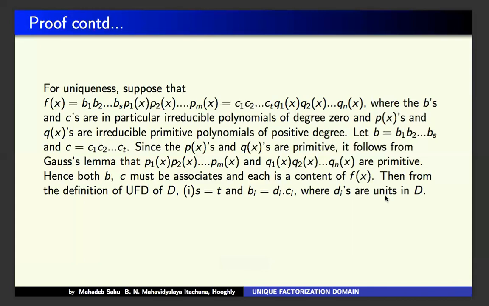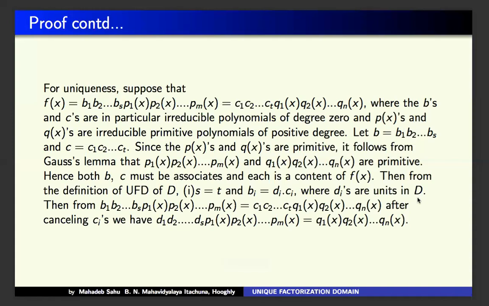This means s must be t and Bi equals Di times Ci, where Di is a unit in D. Then from the relation B1 up to Bs times P1(x) P2(x) up to Pm(x) equals C1 C2 up to Ct times Q1(x) Q2(x) up to Qn(x), after cancelling, we just replace Bi by Di times Ci.